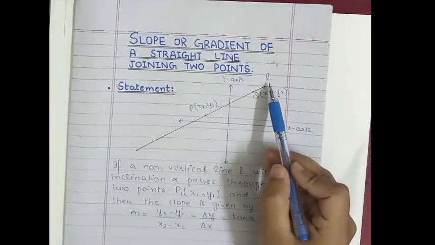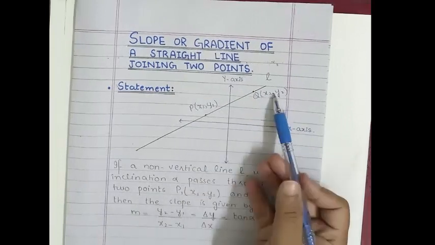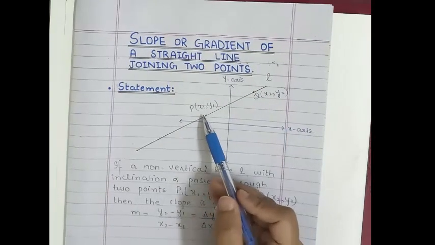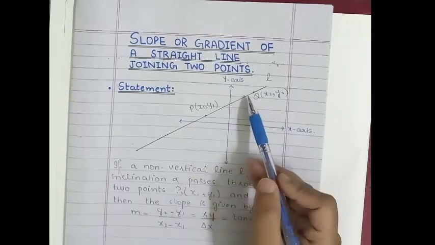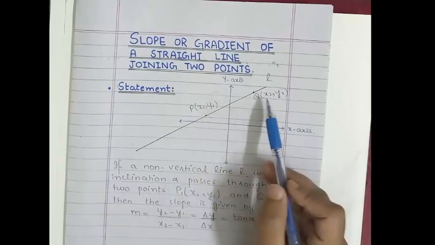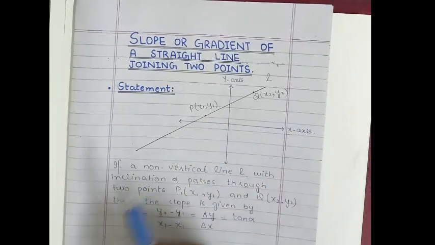So this is a line L and it is a non-vertical line and it passes through 2 points P and Q. We have marked these 2 points P and Q with their coordinates x1, y1 and x2, y2 respectively.